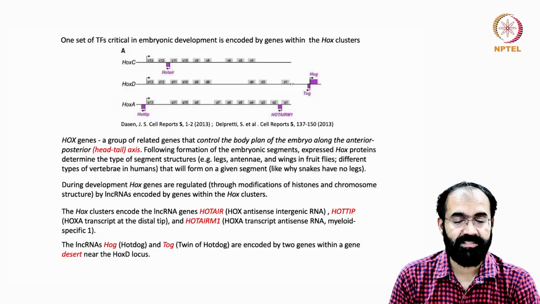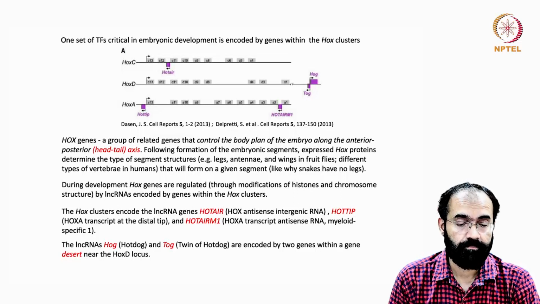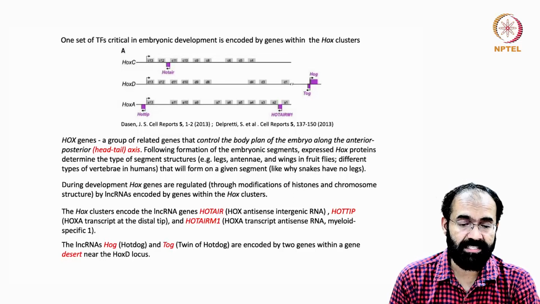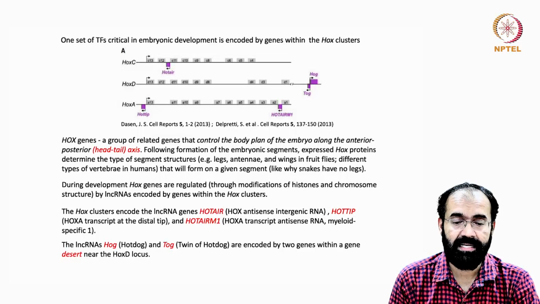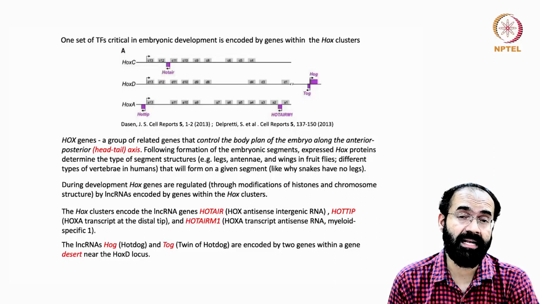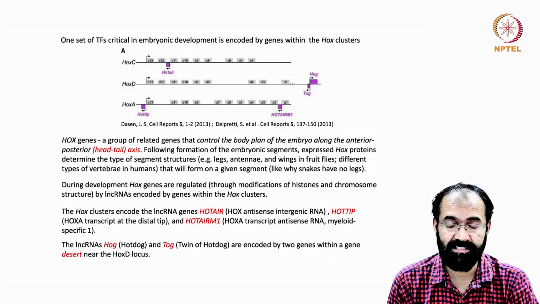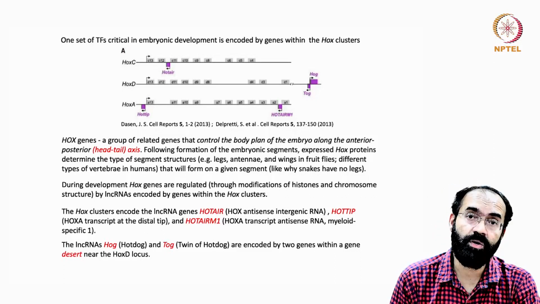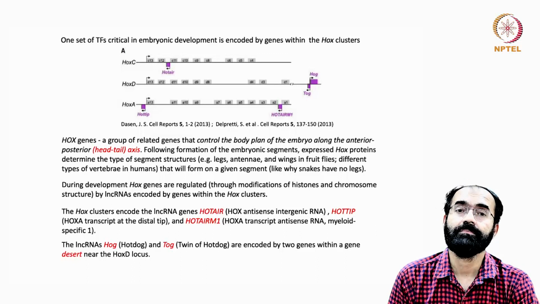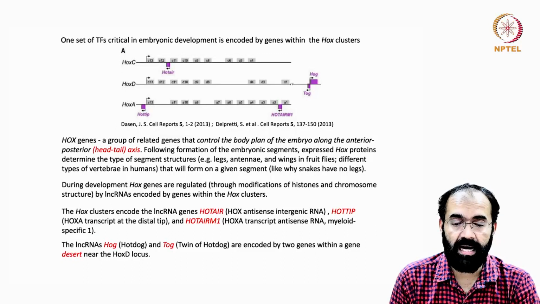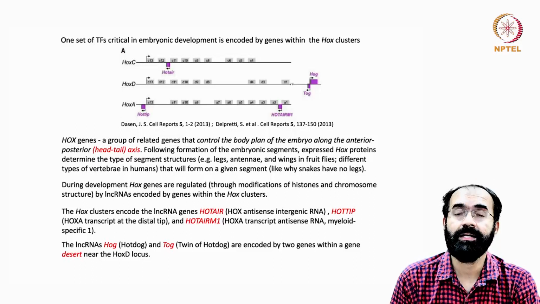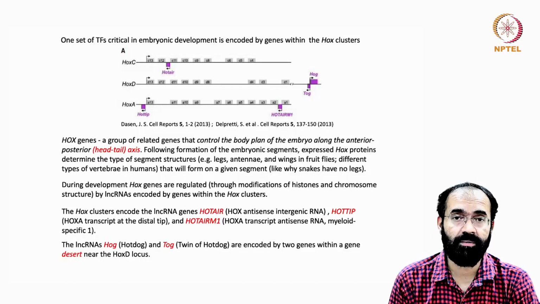Now let us see one set of transcription factors that are critical in development. It is mainly required and necessitated for embryonic development, and this bunch of non-coding RNAs we usually refer to as the Hox clusters.